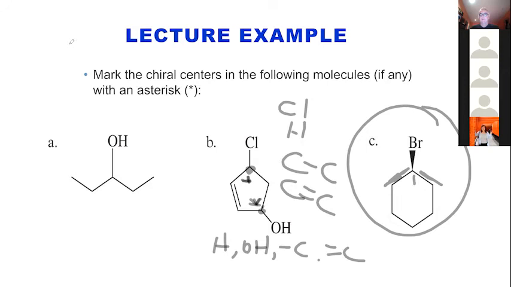So it's got attached to a bromine, it's attached to a hydrogen, and then the other 2 sides of it are attached to exactly the same thing. So going in this direction and going in this direction, you get exactly the same thing. So it's not chiral. Okay.